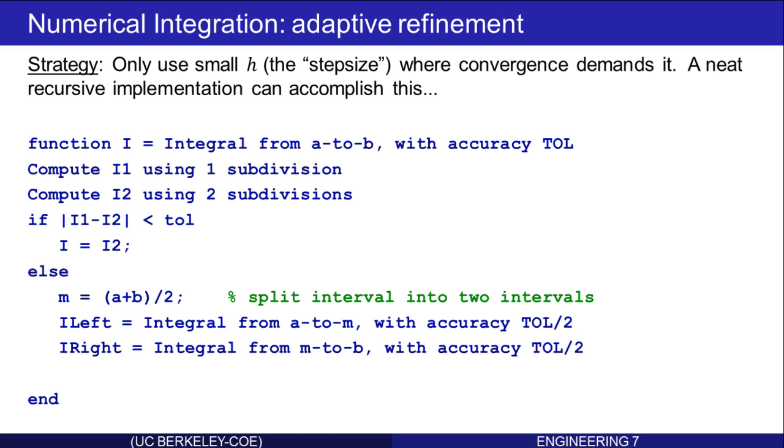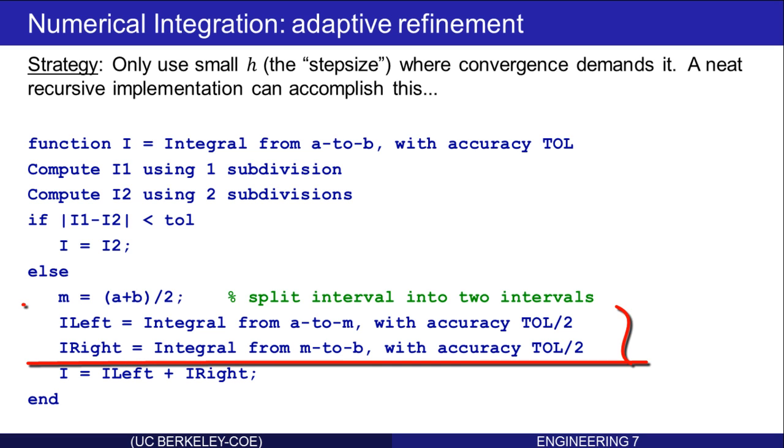Also integrate the right side from m to b, again with an accuracy of tol over 2, and then simply add those two results for the integral. These two lines are a recursive call to this program. Integrate the function over a smaller interval with a tighter accuracy.